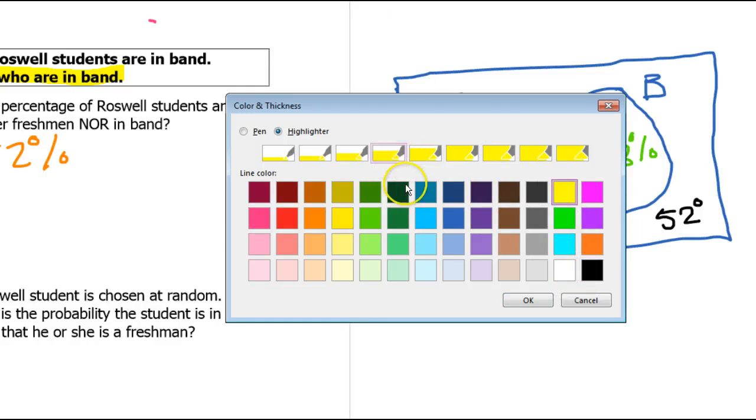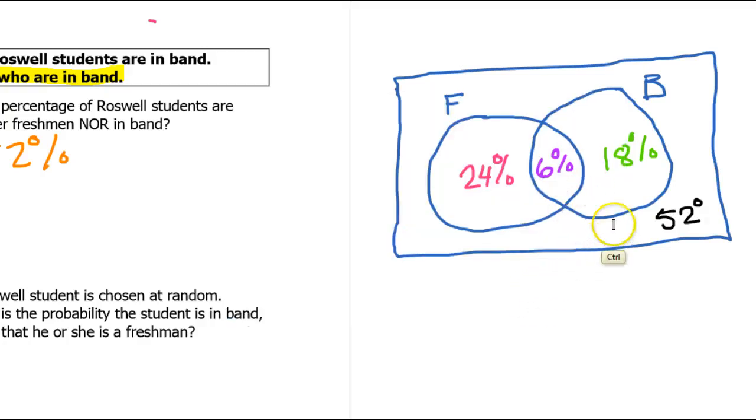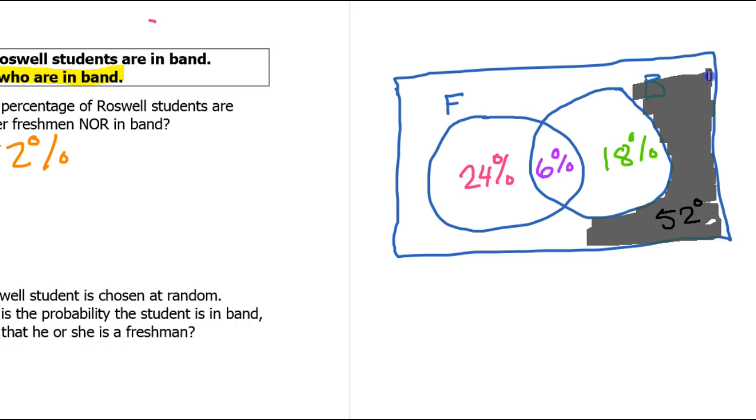Maybe I'll try this with a highlighter this time. Everything that I'm highlighting now, this is my way of crossing it out. I'm blacking it out, just leaving it faintly visible underneath so that you can see what it was. But we are given that he or she is in band, so I'm going to black out everything except for band.